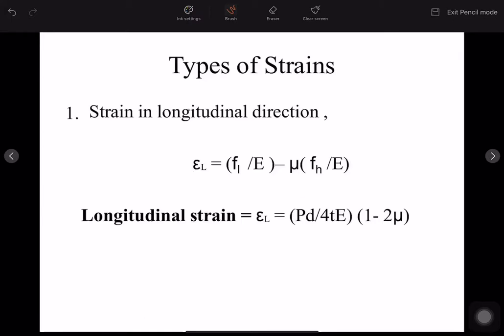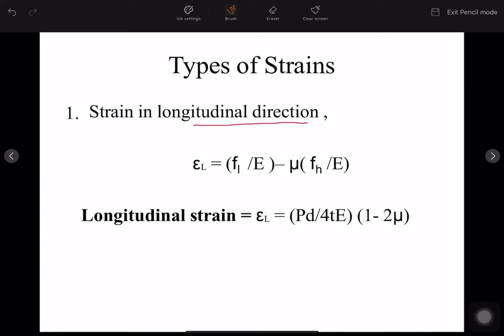So the equations for calculation of the various strains: first one is longitudinal strain. As the name itself is self-explanatory, strain in longitudinal direction.